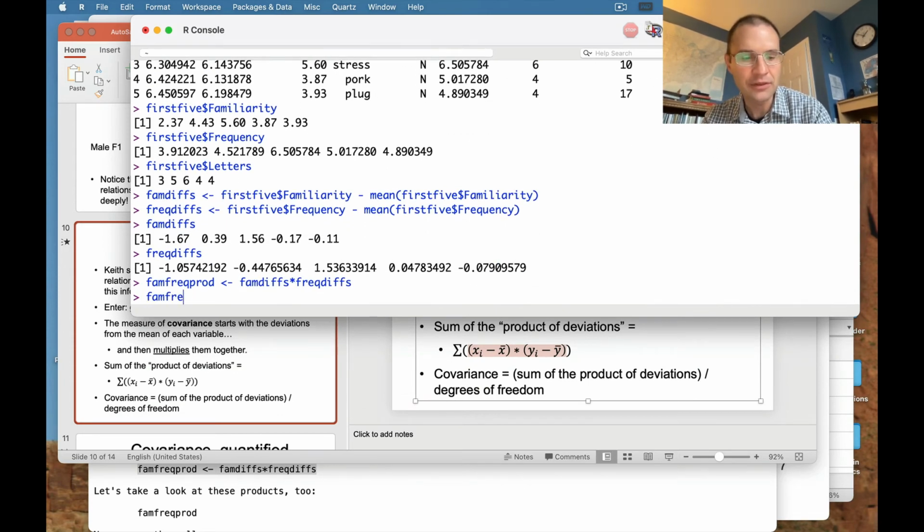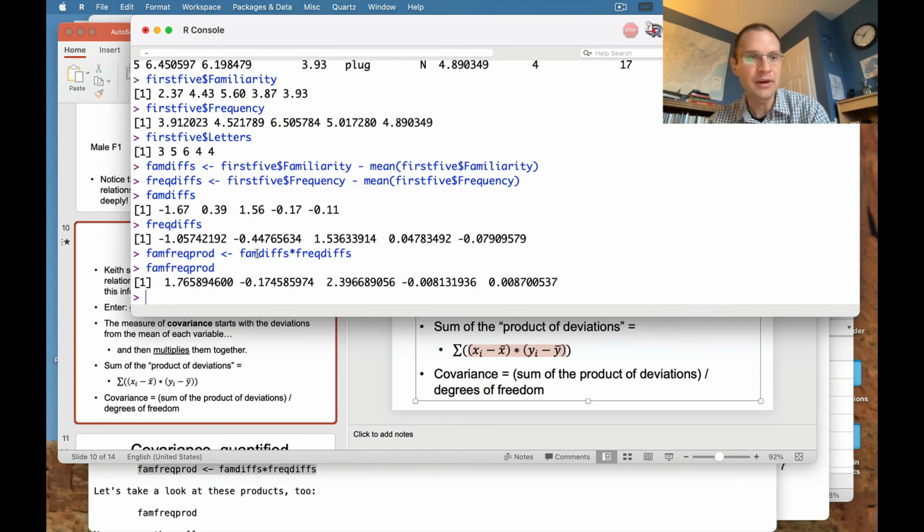But to begin with, I get these numbers. Just looking at some of the examples we started with, this word dough is low in both familiarity and frequency. So when I multiply those together, I get a large positive number. And this word stress was on the high side of both measures, and when I multiply those two values together, I get another large positive number.